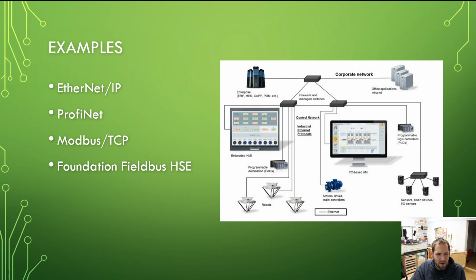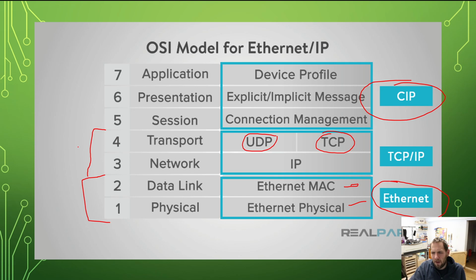Now, I believe on my next slide I have CIP is Common Industrial Protocol. So those types of things are going to be going on. I do have some examples here of some different types of industrial Ethernet. So Ethernet IP, which we already hit up. IP right here stands for Industrial Protocol. This is going to perform at layers 5, 6, and 7 of the OSI, as we have listed here.